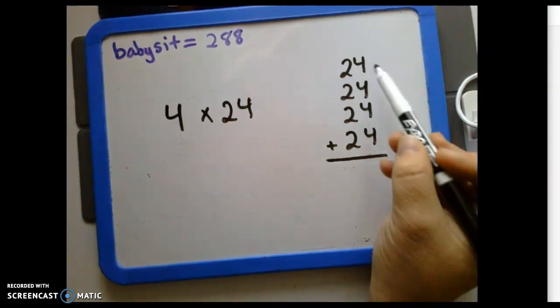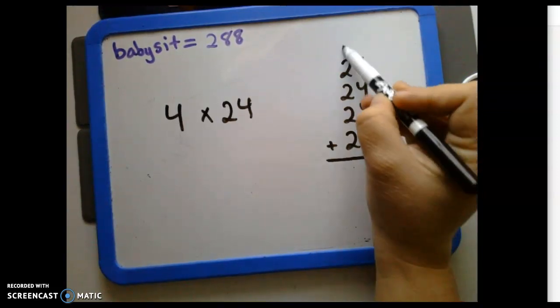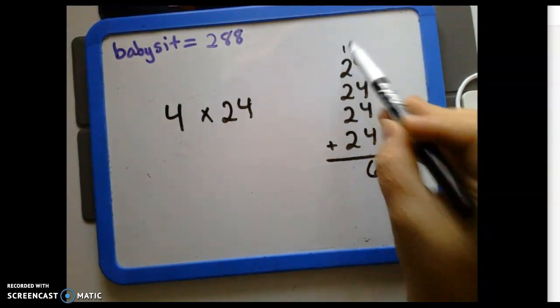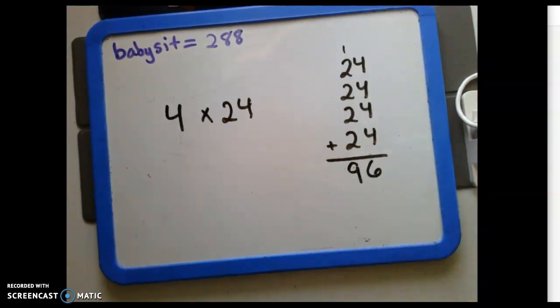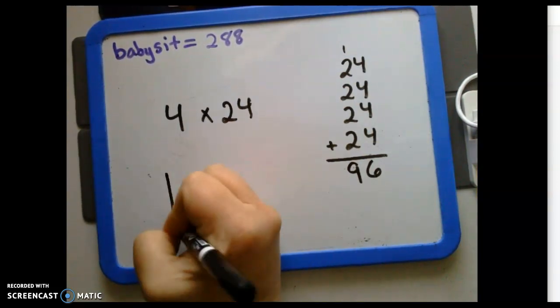Using our repeated addition, 4, 8, 12, 16, carry my 1, 2, 4, 6, 8, plus that 1 I carried, 96. Let's use our area model.